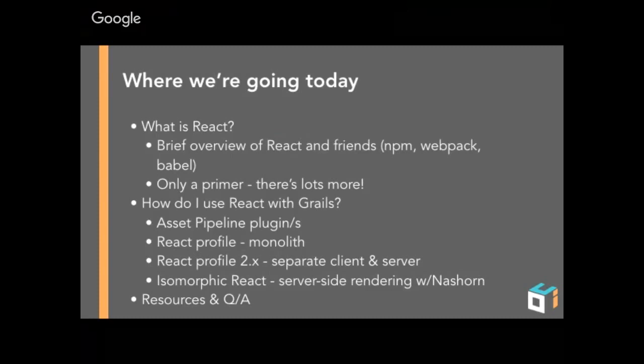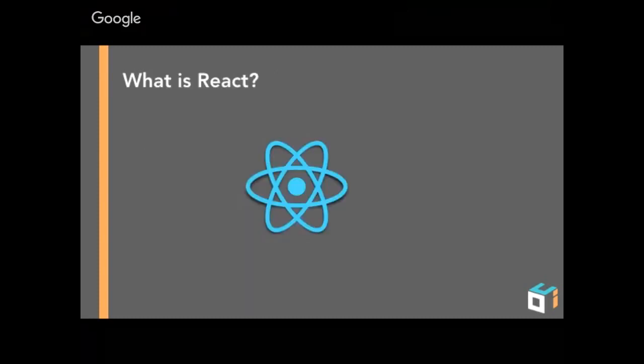And then the bulk of the talk, hopefully, is going to be on how we actually use React with the Grails framework. And there's several different ways of doing that. Some plugins, some profiles, as I mentioned. And also, maybe if we have time for dessert, we'll look at something called isomorphic React, server-side rendering, which can be something very interesting.